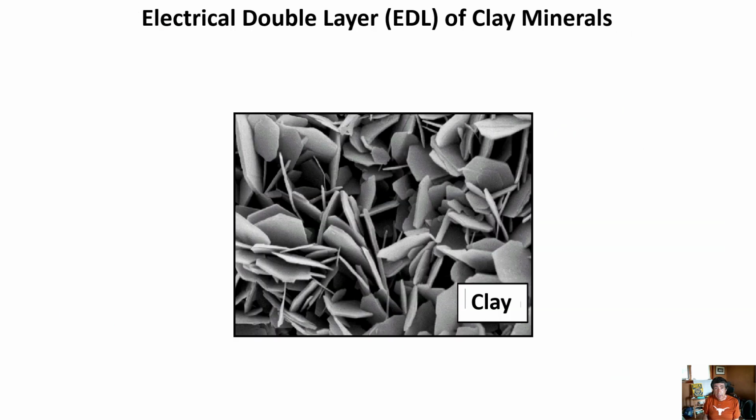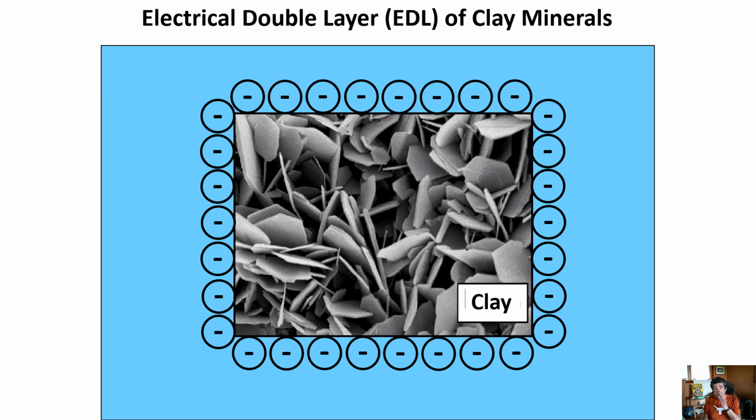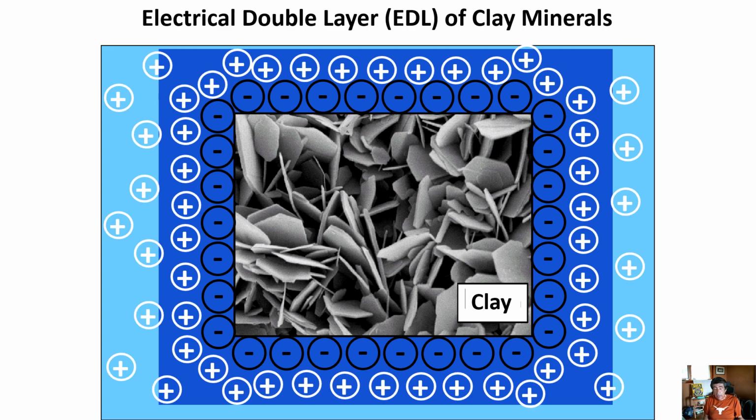Okay, now what happens in the presence of clays? This is just to emphasize the same idea. Clays have a negative electric charge, so when we place them in water, we will have the hydrated layer, the thin films, because of the polarity of water, but we will also have an attraction of the cations, and the cloud of cations will be highly concentrated near the clay crystals, and it will begin to diffuse and disperse into the bulk medium.